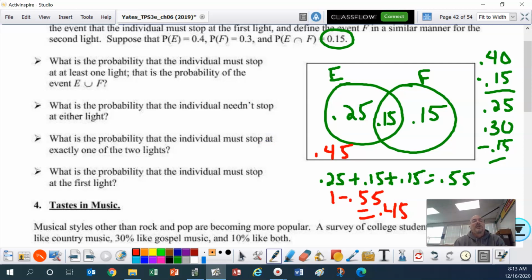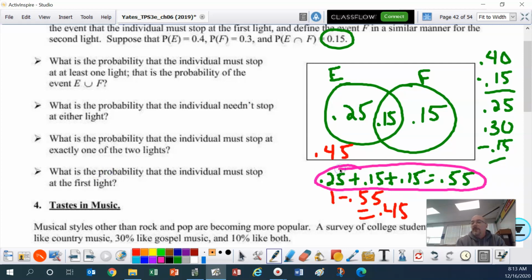Okay, so what is the probability that the individual must stop at least 1 light? That means 1 or both. Well, at least 1. The probability of 1 or both, that's what I already did right here, folks.